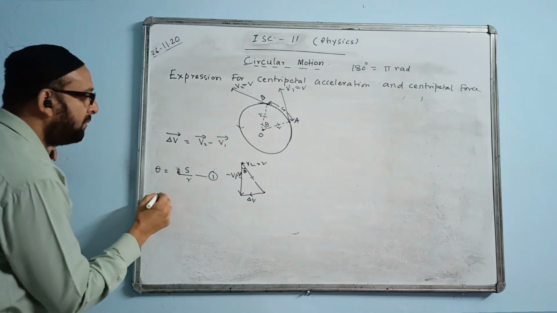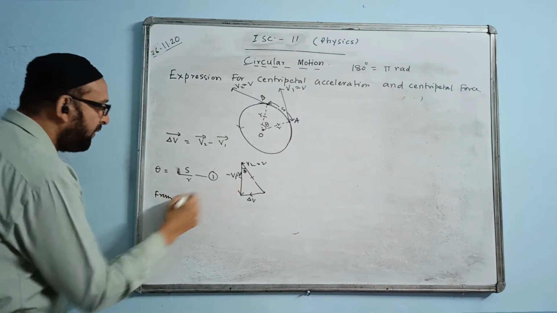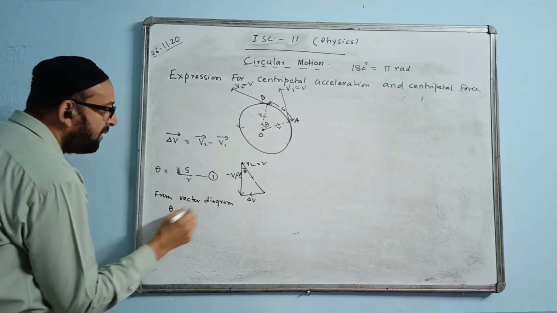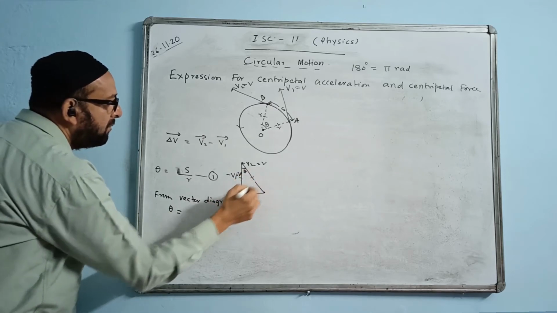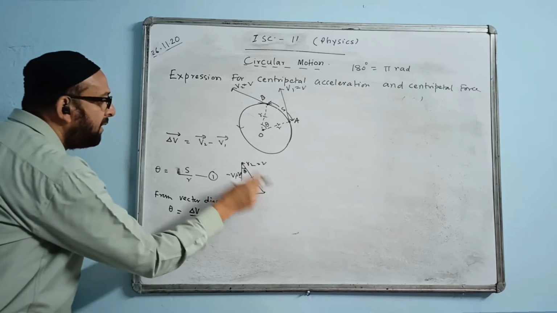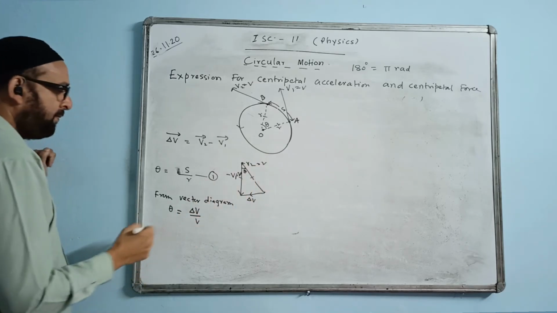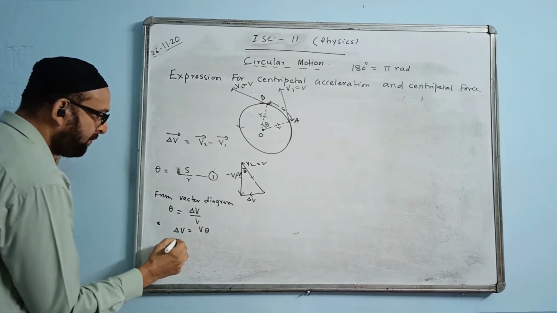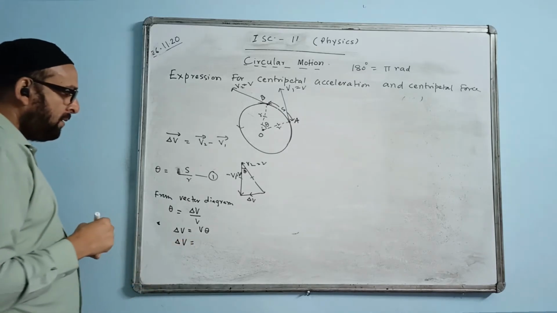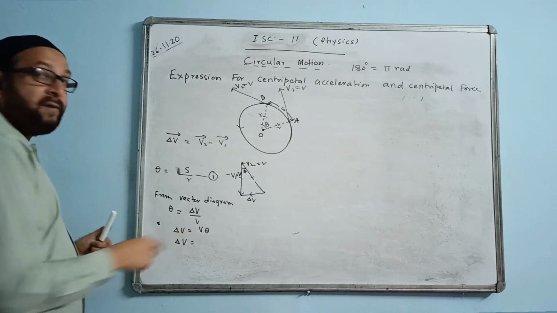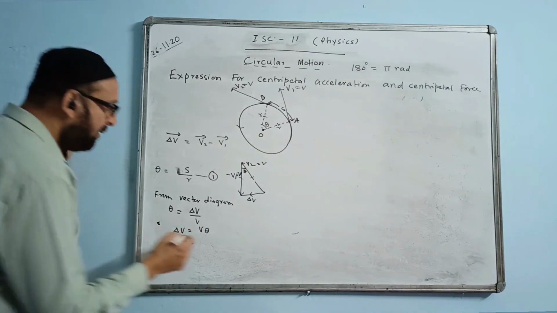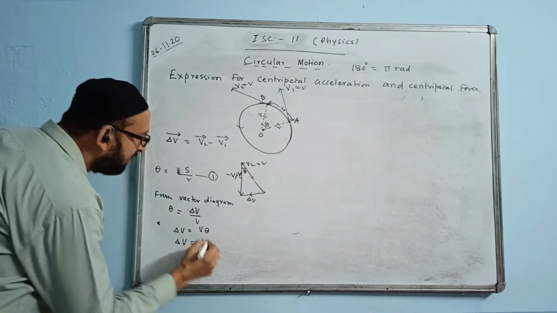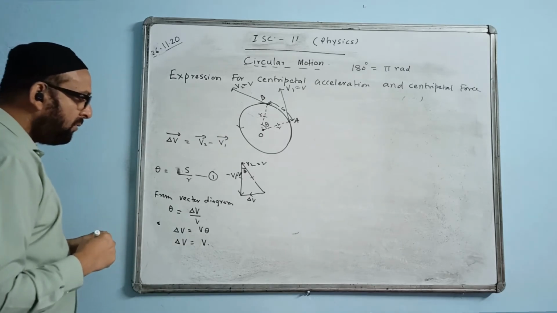Now we write here, from the vector diagram, theta is delta V divided by this distance, which is V. We write delta V by V, or delta V will be V into theta.